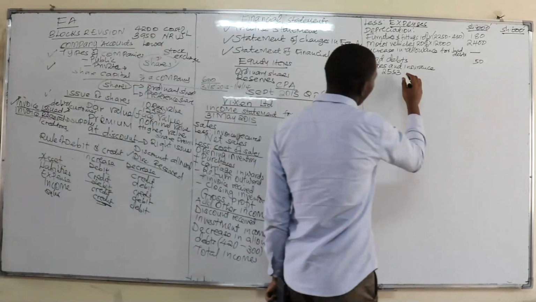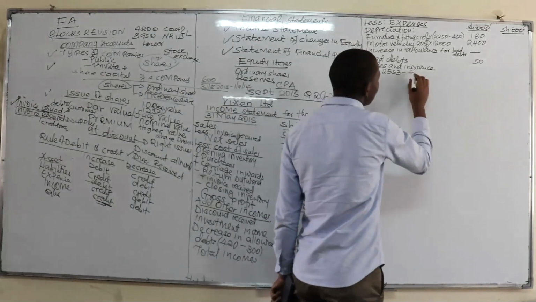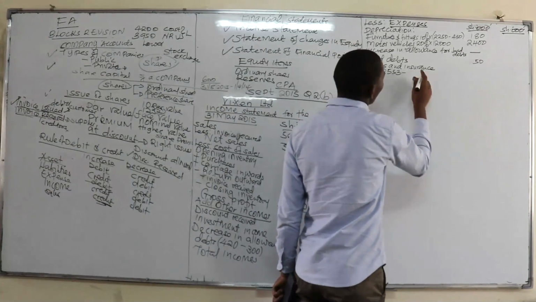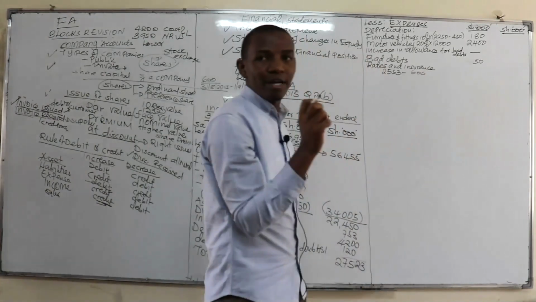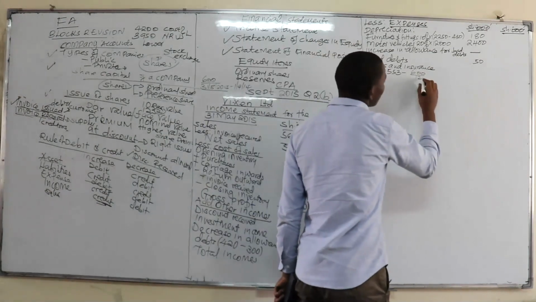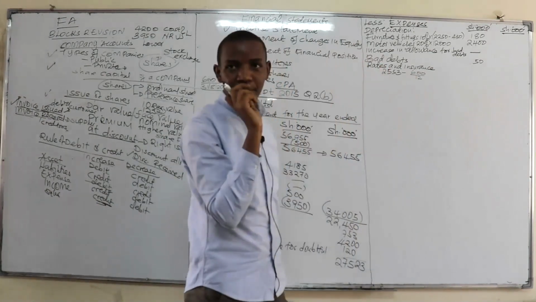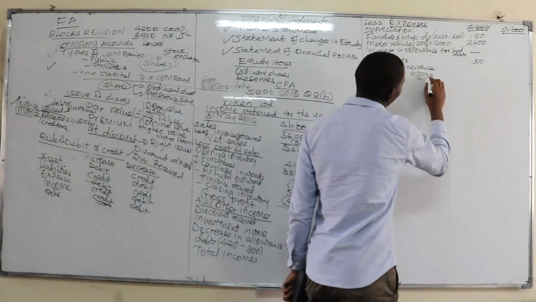I will come here. If it is covering the whole year, that was 600, covering the whole year. 600 is what is covering the whole year. A year has how many months? First, we get to know the amount per month, and then after that, we multiply by how many months? 3 months.